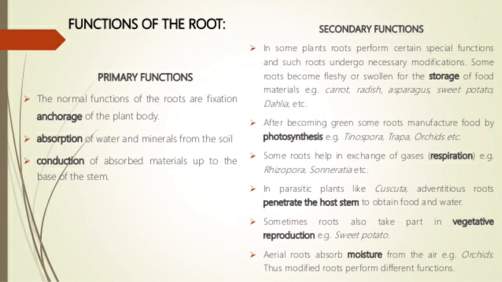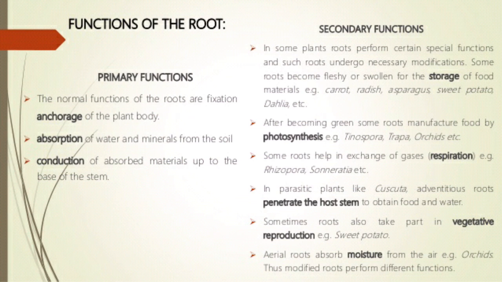Some roots become fleshy or swollen for storage of food materials: carrot, radish, asparagus, sweet potato, dahlia. After becoming green, some roots manufacture food by photosynthesis, as in the case of Tinospora, Trapa, orchids. Some roots help in exchange of gases, respiration, as in the case of Rhizophora.